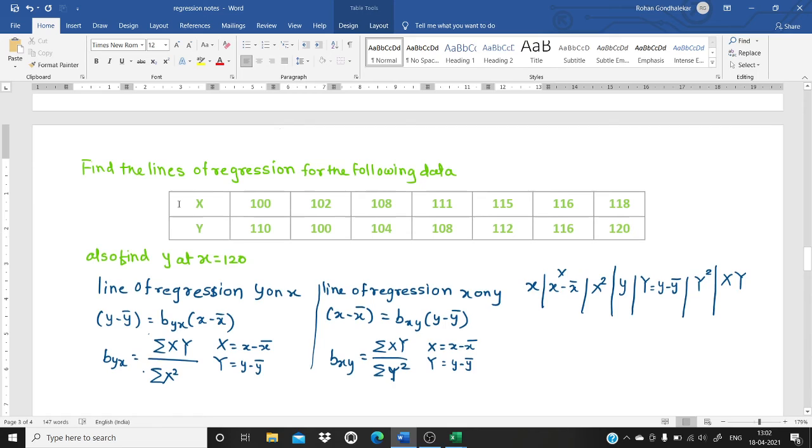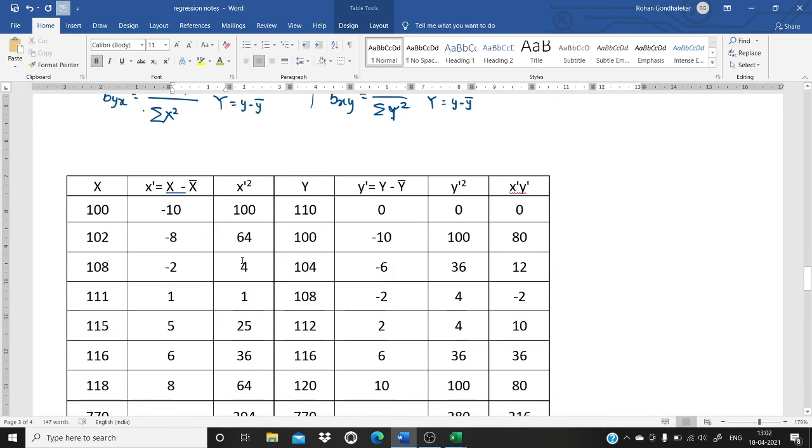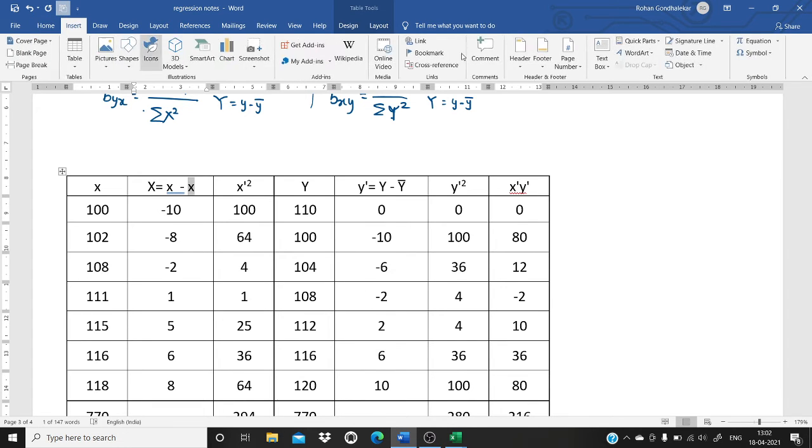Here I'll make one small change. I'll call this a small x and a small y. So this is my small x. This is my capital X. Okay, I need to get an x bar.